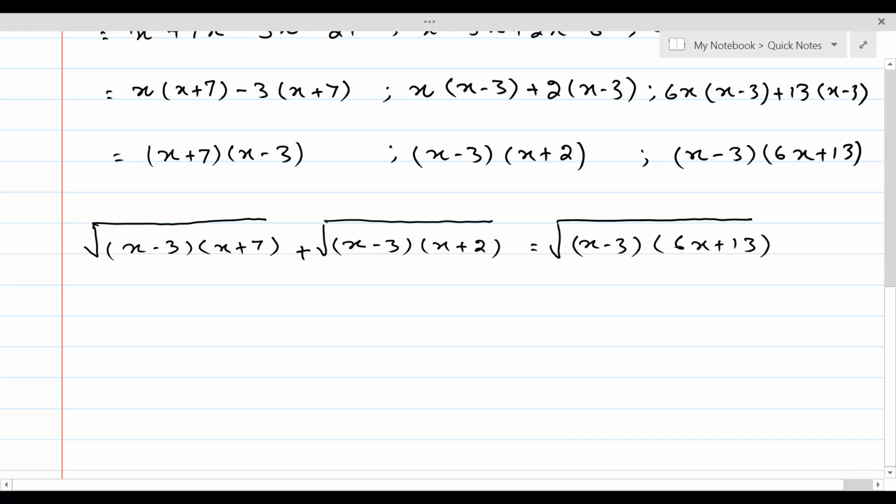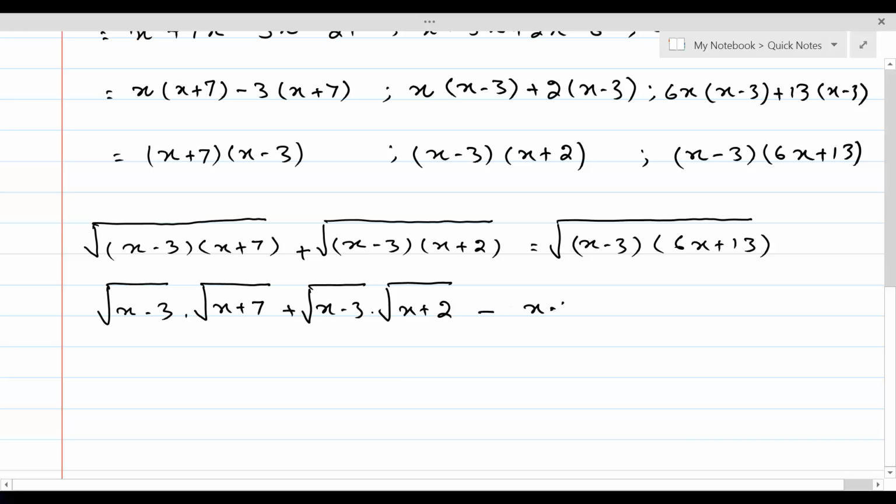If we take the common square root of x minus 3, we get square root of x minus 3 times square root of x plus 7, plus square root of x minus 3 times square root of x plus 2, minus square root of x minus 3 times square root of 6x plus 13, equal to 0.